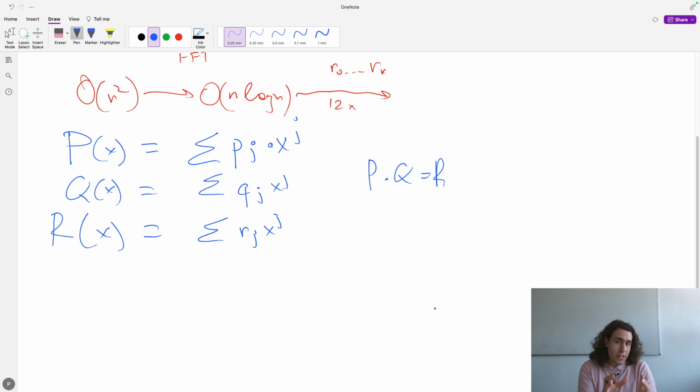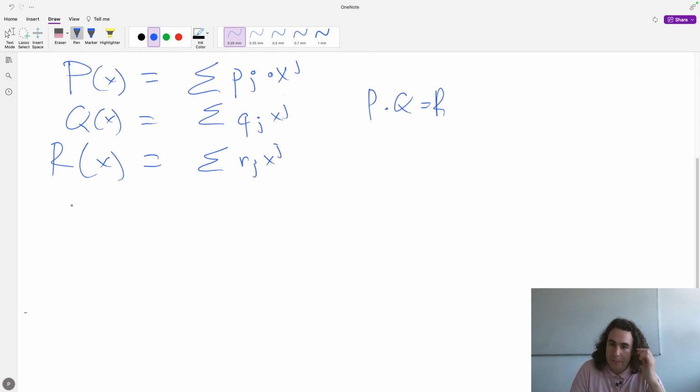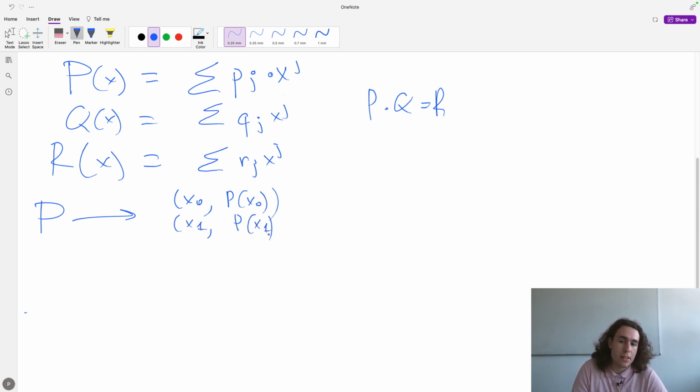The product of two polynomials, when they're given as coefficients, is kind of hard, so we're going to change the way we look at these polynomials. We're going to look at them as a bunch of samples. So when I have a polynomial P, we're going to think about it as we have some number x0 and the value of P at point x0. We have x1 and the value of P at point x1 and so on, right?